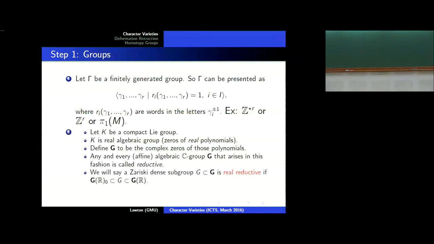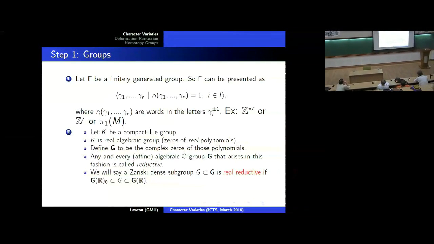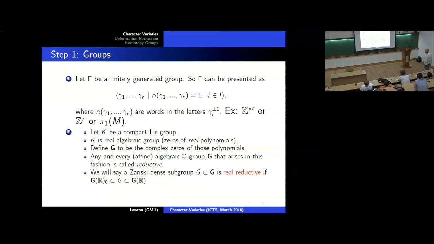If we take a Zariski dense subgroup that contains the identity component of the real points, then I'll call that real reductive. Maybe that's not the most standard definition of real reductive, but that's what I'm going to mean by it. It certainly coincides with lots of examples, or with different versions of real reductive. So examples are everything you guys know and love.